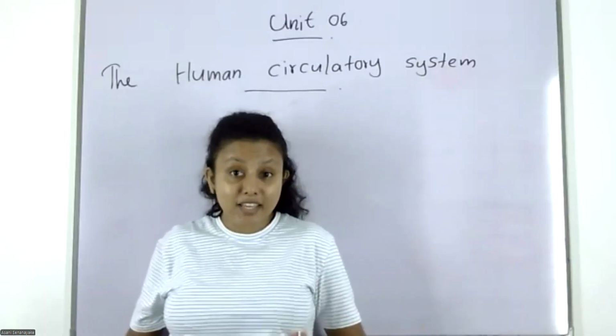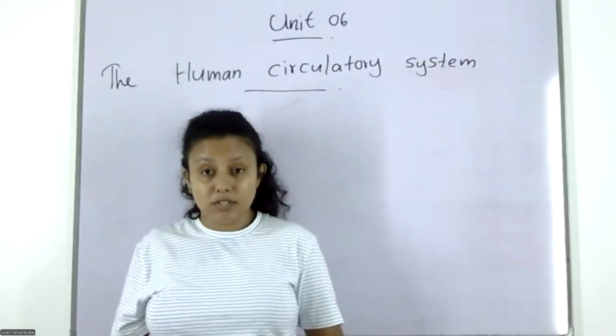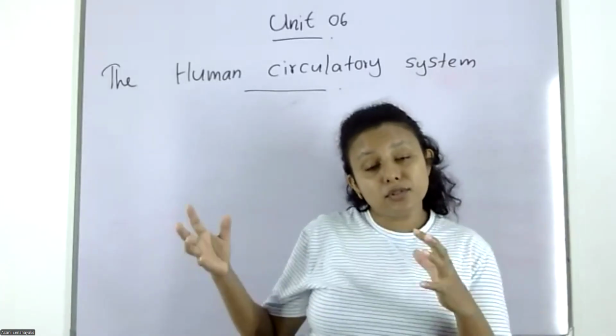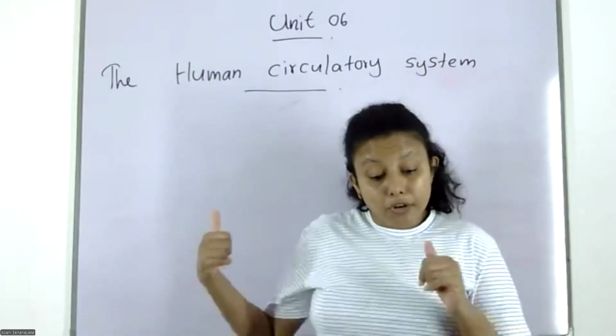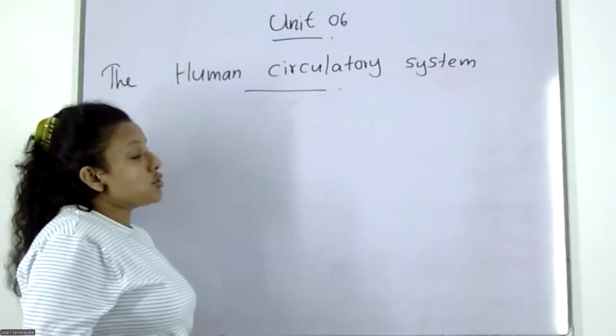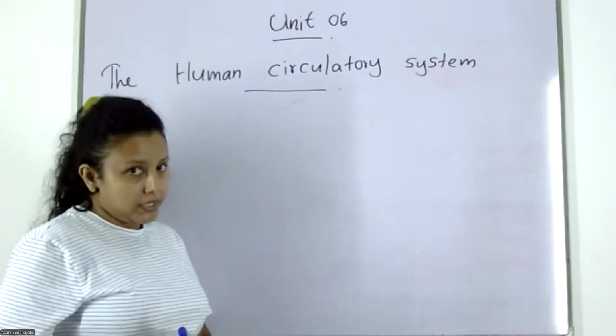So many parts in the human digestive system. If we come to our respiratory system, again there are so many parts. But in the human circulatory system, there are mainly three things included.